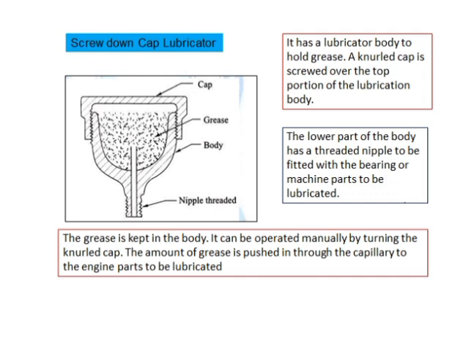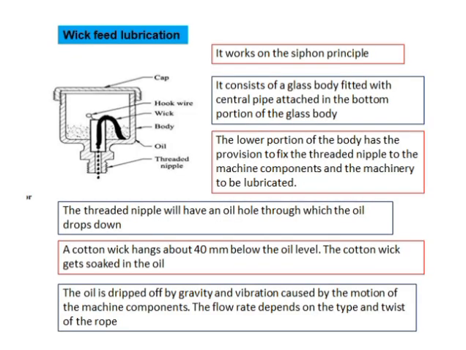The lower part of the body has a threaded nipple to be fitted with the bearing or machine parts to be lubricated. The grease is kept in the body. It can be operated manually by turning the knurled cap. The amount of grease is pushed through the capillary to the engine parts.